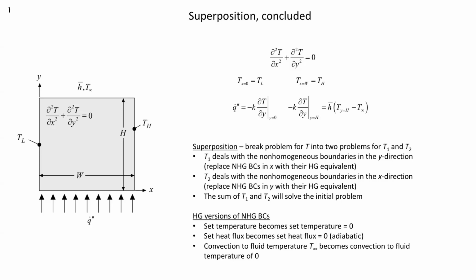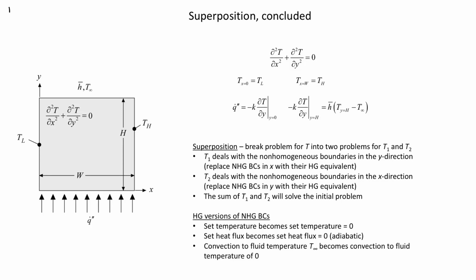We can actually do a substitution and say that there's this variable theta. And theta is just the difference between temperature, T, which is a function of position, and some reference temperature, say T ambient or T infinity.